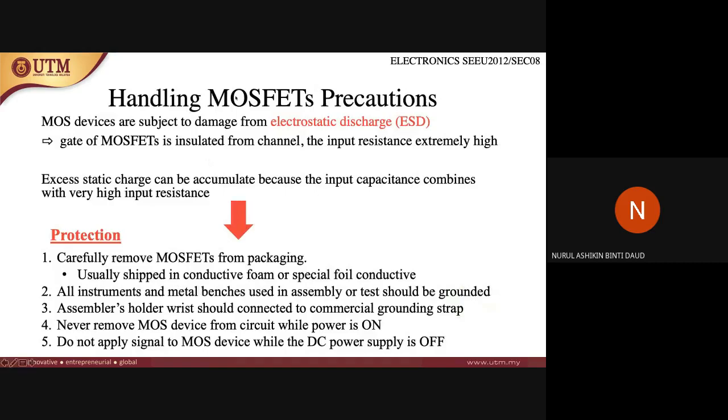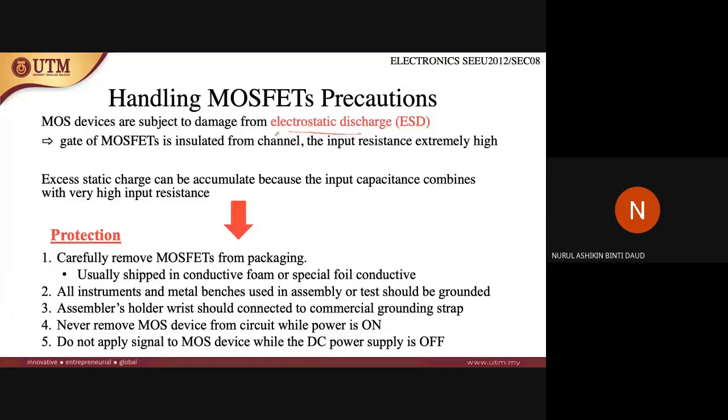So MOSFET, even though it has quite a lot of advantages, right? It is small in size and has a low input current, but MOSFET is a very sensitive device. It can be damaged by electrostatic discharge. Any form of electrostatics can damage the circuit inside the MOSFET. Why?